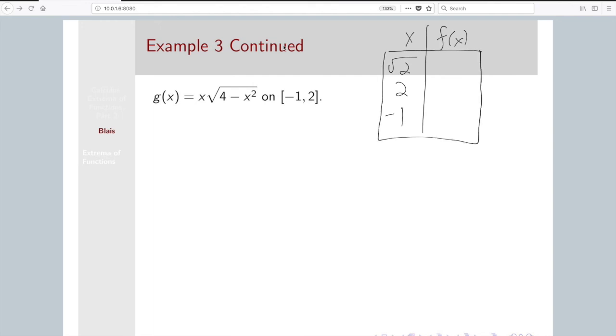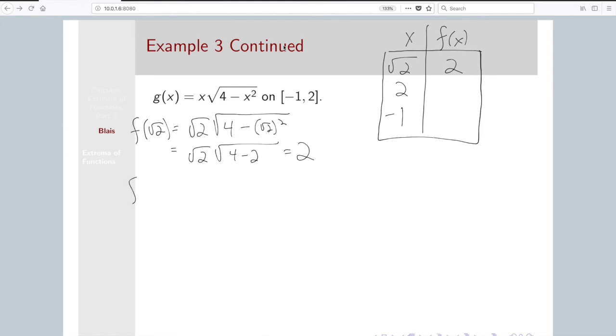And we evaluate the function. So f of root 2 is root 2 times the square root of 4 minus root 2 squared, or root 2 times root 4 minus 2. This is root 2 times root 2, or 2.